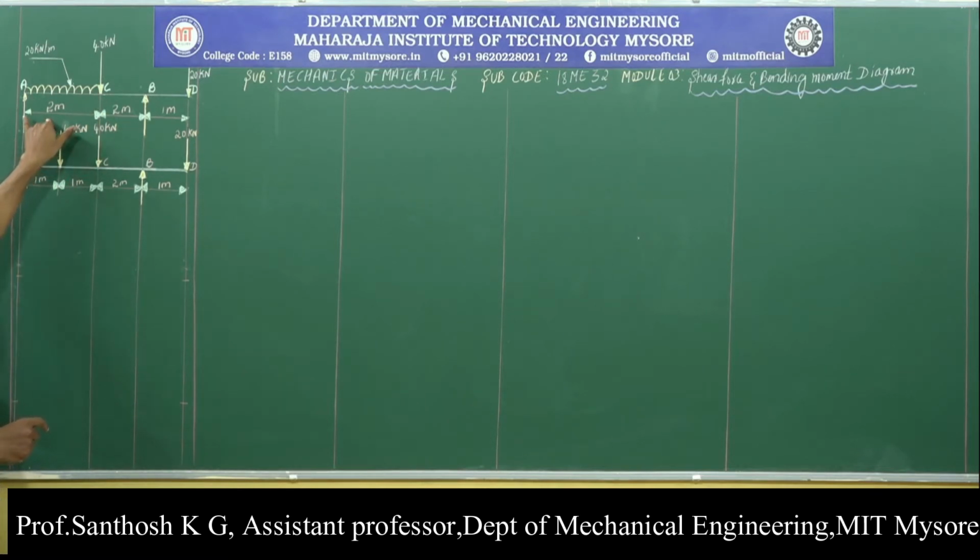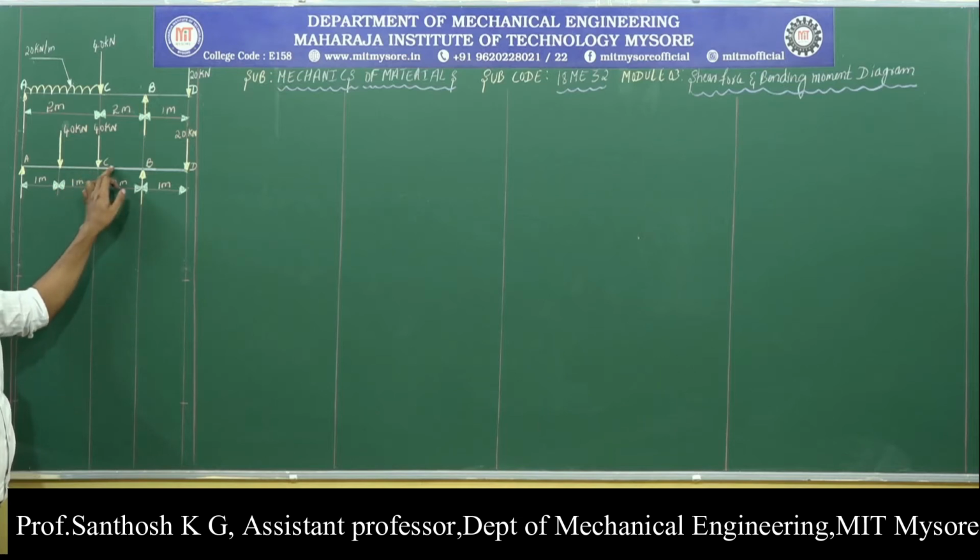The distance AC is 2 meters, so 2 divided by 2 gives 1 meter. Therefore, this equivalent point load acts at a distance of 1 meter from A and 1 meter from point C. This is how we convert the given UDL into an equivalent point load.